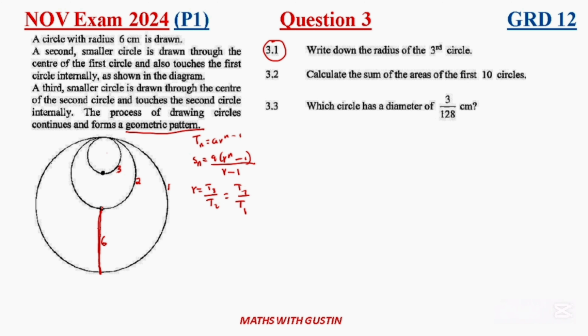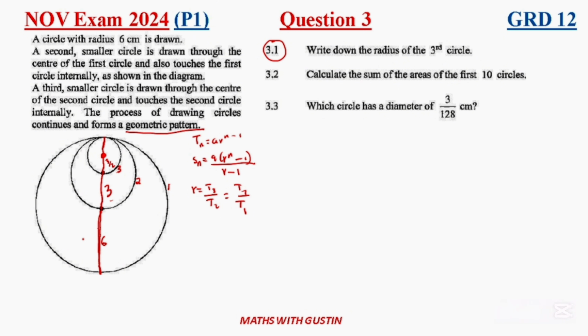So the radius of the second circle is just half of this one, which is 6 divided by 2, which is 3. And then you have this one here, which is going to be half of this one, so 3 divided by 2 is going to give us 3 over 2.